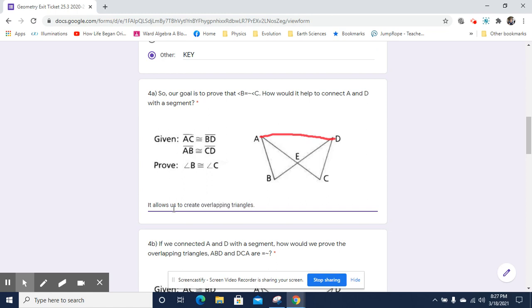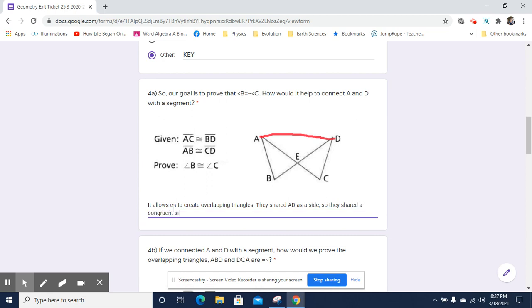Okay. And since I've made overlapping triangles that share AD, so they share a congruent side that is itself reflexive and is therefore congruent. Okay, so basically they share a side that's congruent to itself.